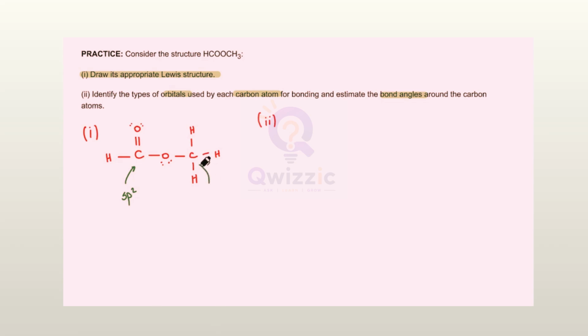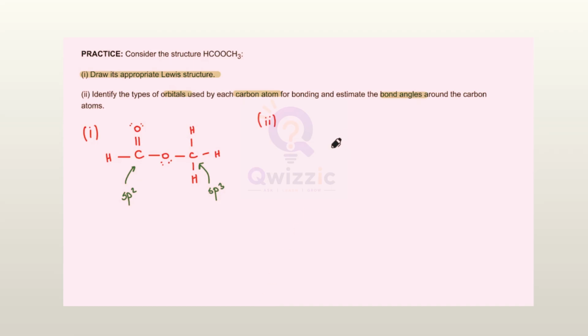While the second carbon has an sp3 hybridization because it has 4 electron regions, 1, 2, 3, 4 bonds, right? 4 sigma bonds. So essentially, knowing these hybridizations, we will be able to identify the types of orbitals.